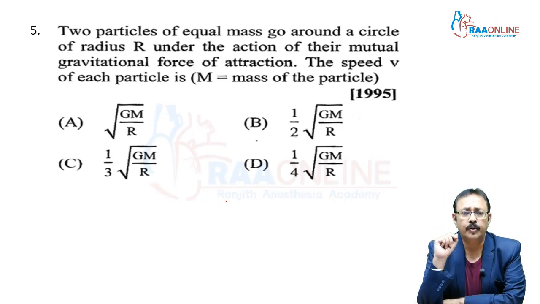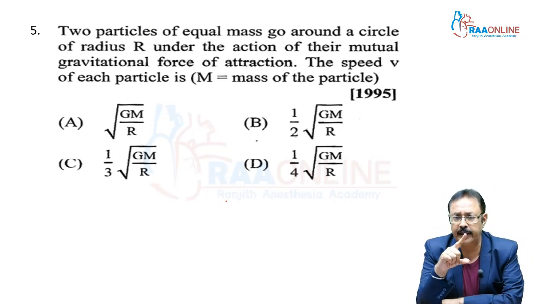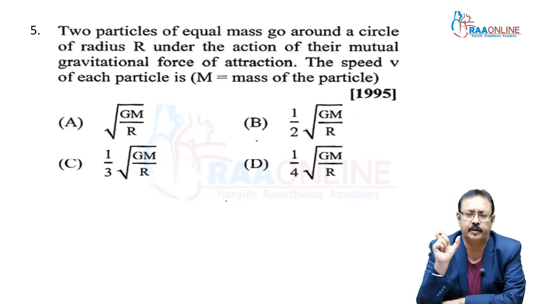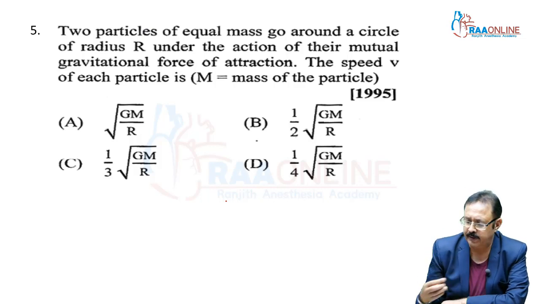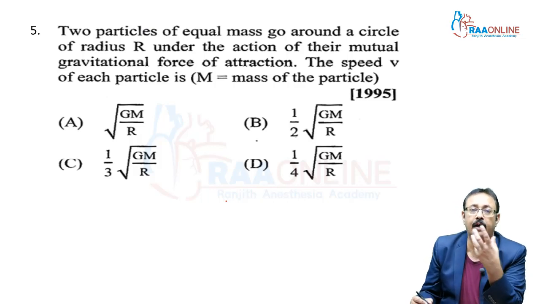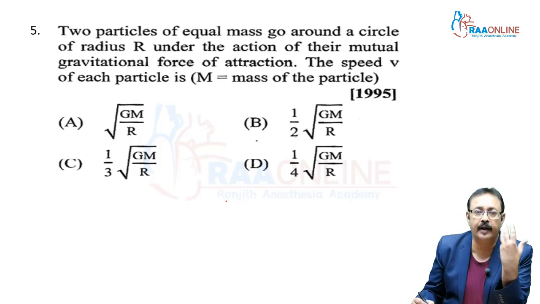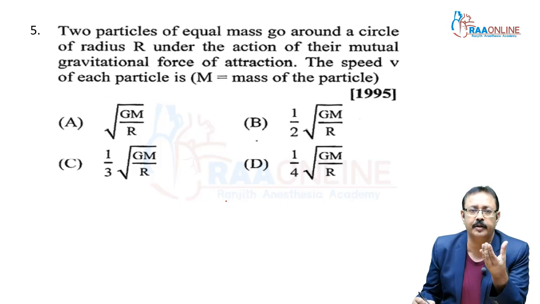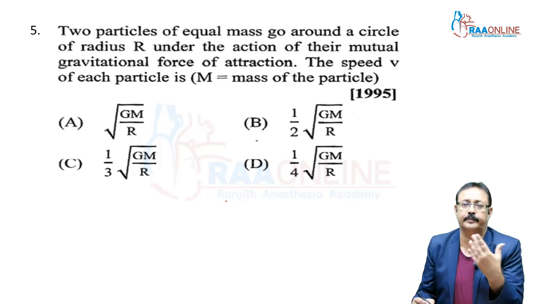Next, two particles of equal mass go around a circle of radius r under the action of their mutual gravitational force of attraction. The speed v of each particle is. So the problem is very simple. Earth is revolving around the Sun due to the mutual attraction between Earth and Sun.